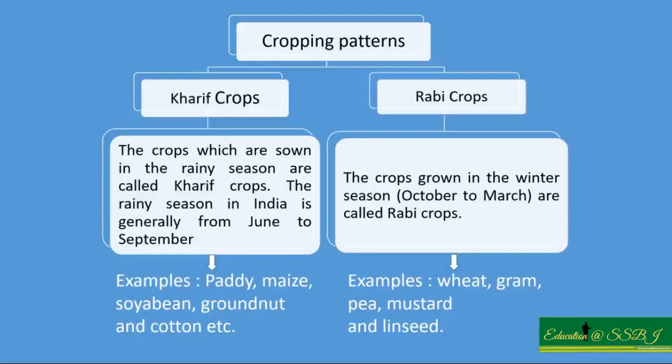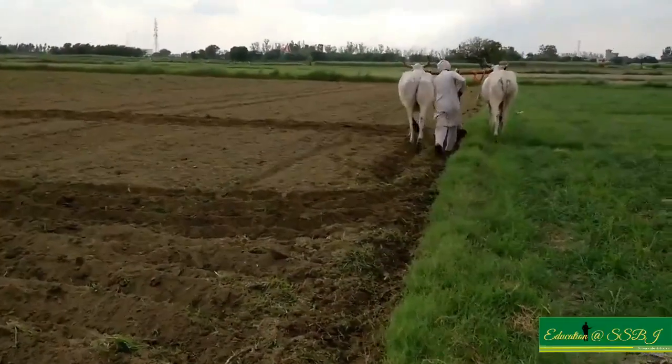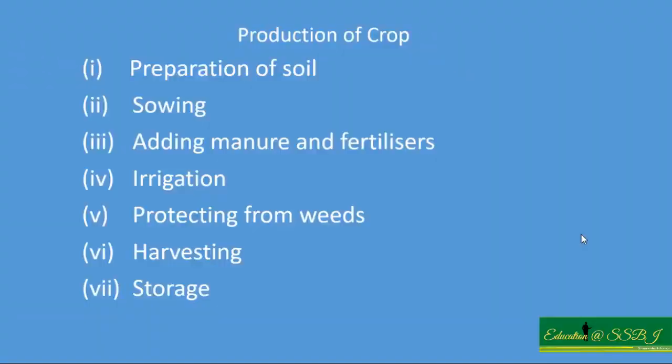We have also studied the steps involved in the production of these crops. What are the steps followed? Those were preparation of soil, then sowing, means adding seeds into the soil, then adding manure and fertilizers, irrigation, protecting from weeds, harvesting, storage.